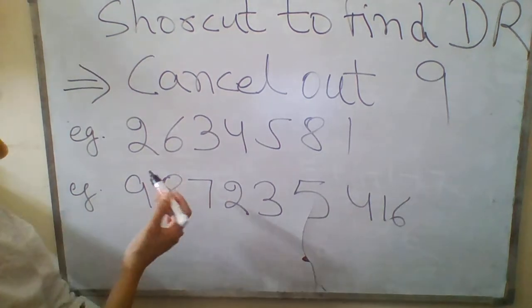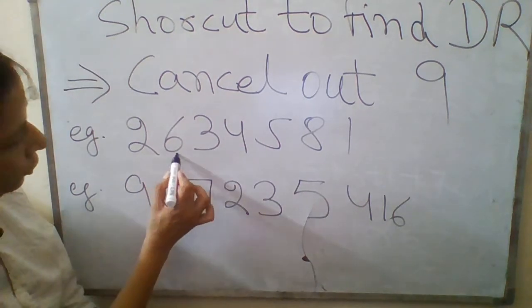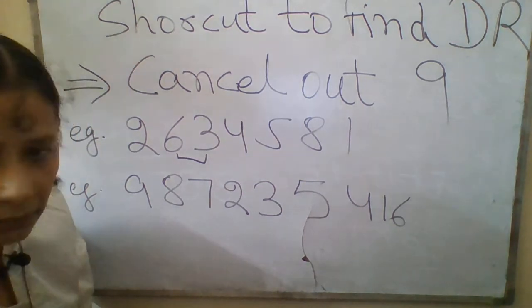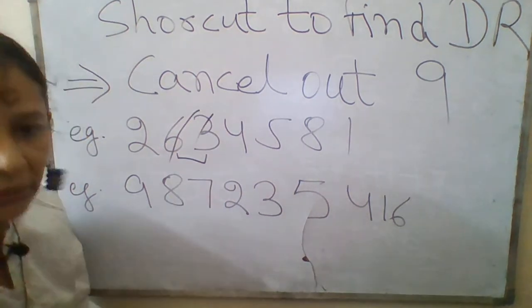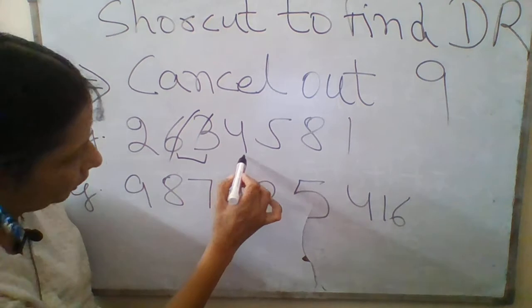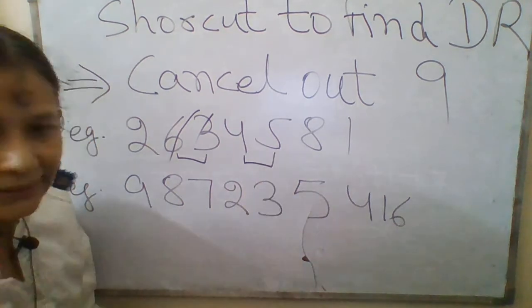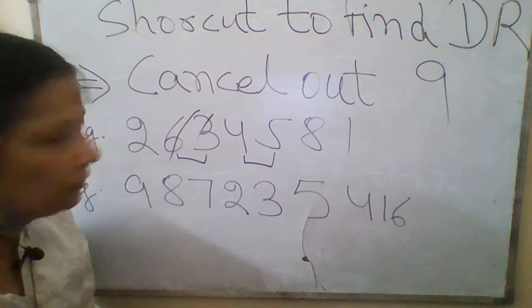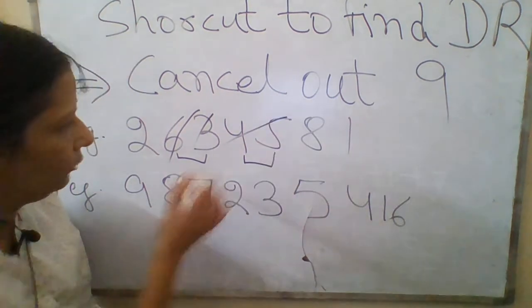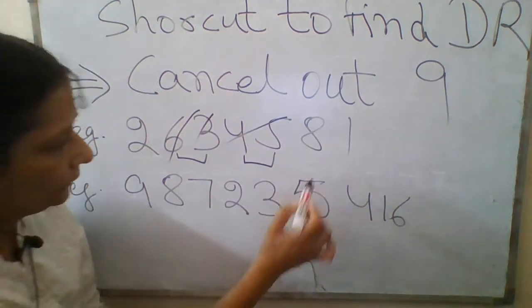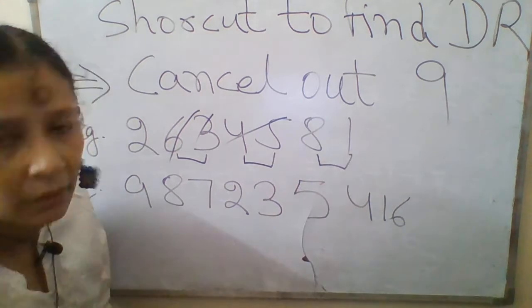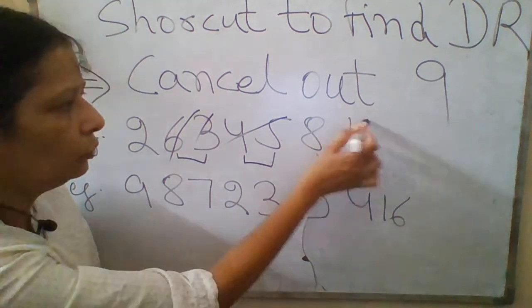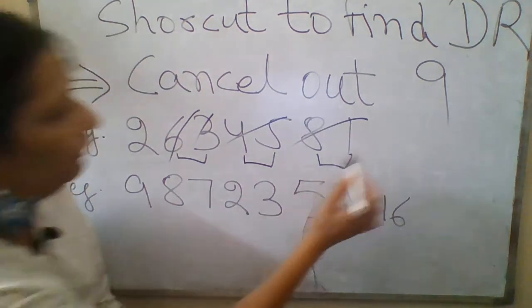Here, 6 plus 3, this is a pair of 9, so you cancel it out. Now if you look here, 4 plus 5, this is a pair of 9, this will make 9, cancel out 9. Now see, 8 plus 1, if you add 8 plus 1, it will make 9, so you cancel out 9.